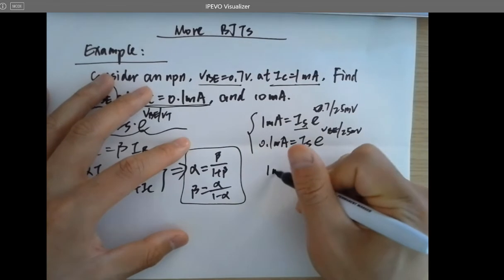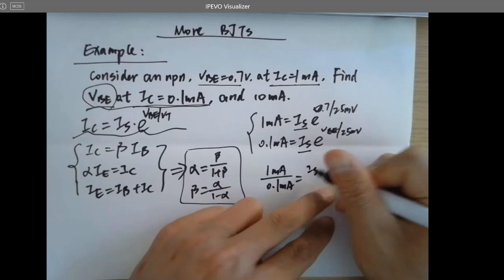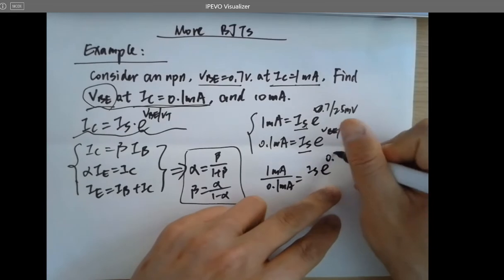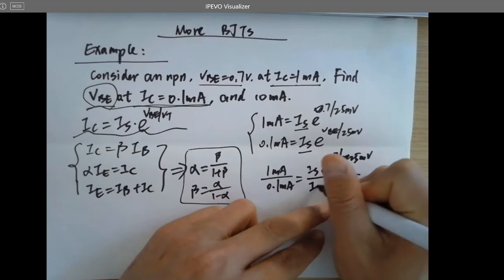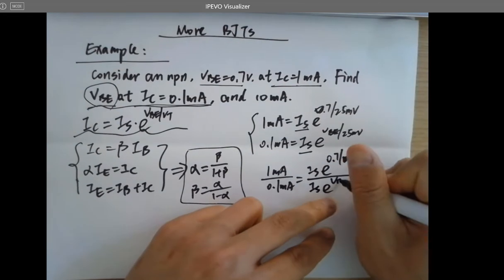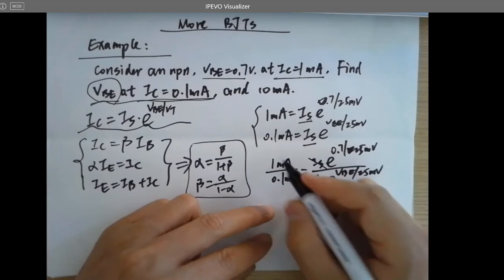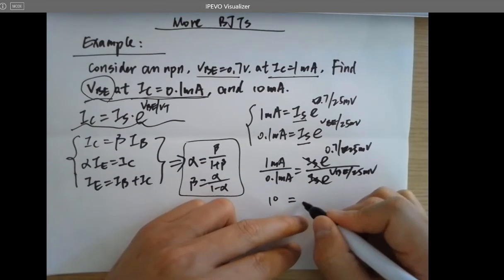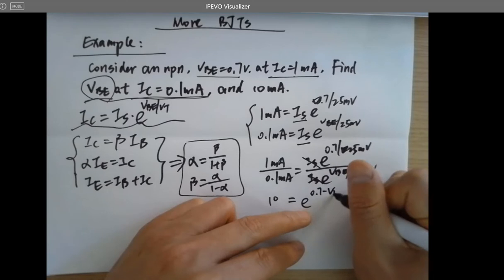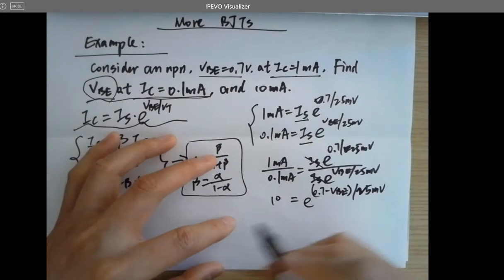So it's going to be 1 milliamp over 0.1 milliamp equals e to the 0.7 over 25 millivolts over IS, canceled, so it's 10, and you're getting e to the 0.7 minus VBE over VT, which is 25. Let's just write 25, and natural log on both sides.